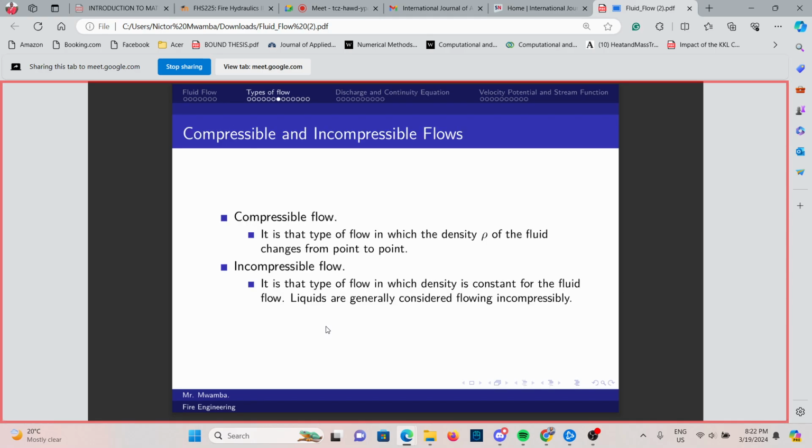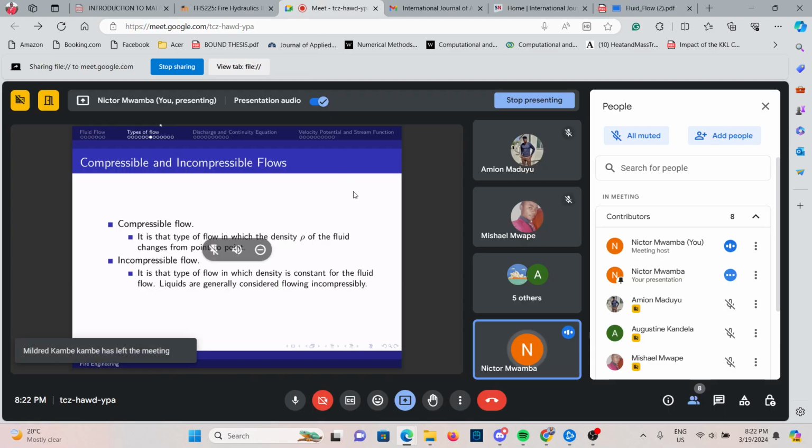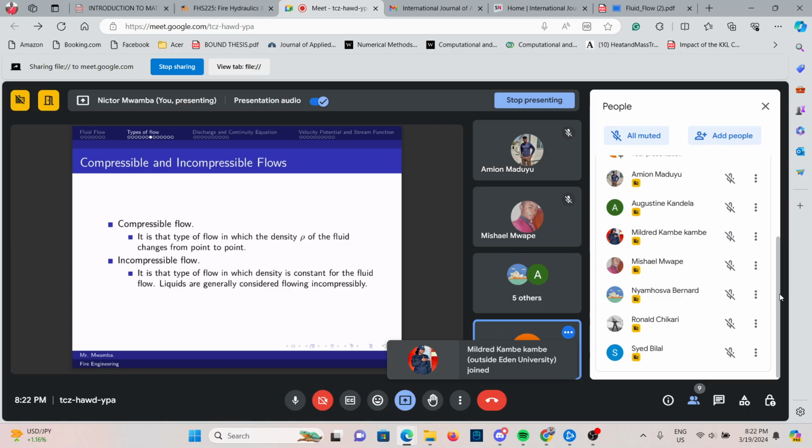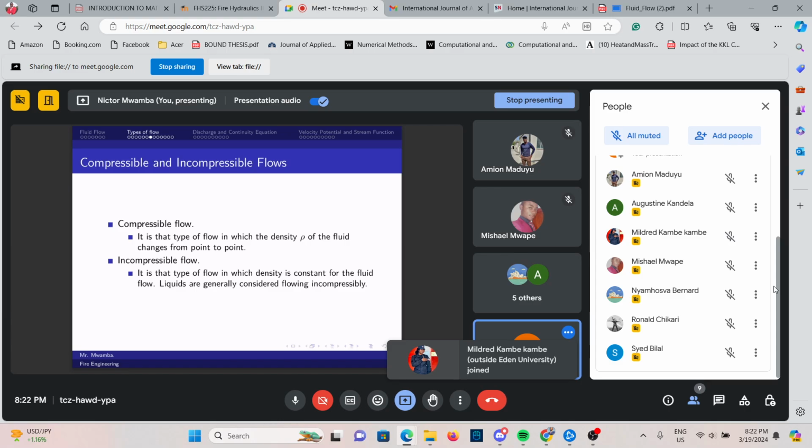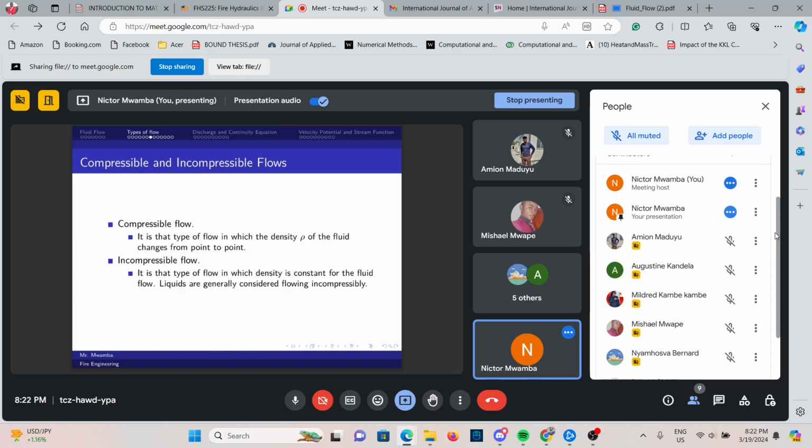Before we do an example, any questions on the types of flows? Any questions, class?